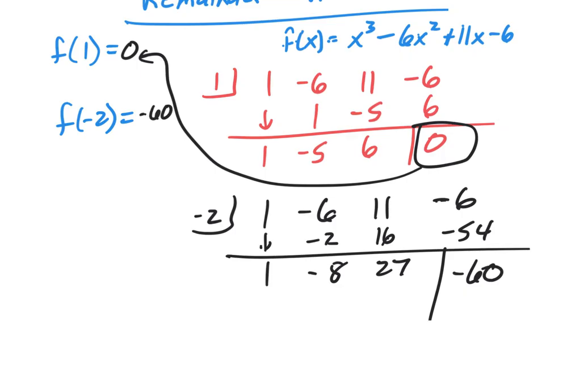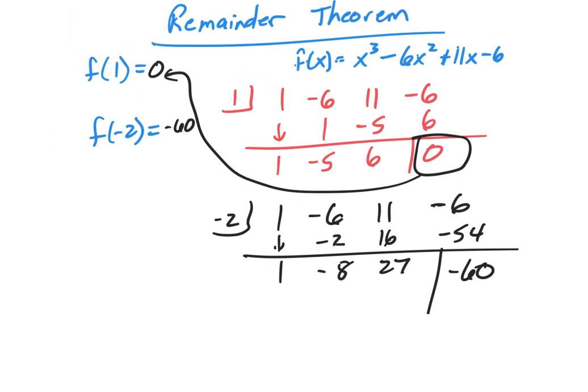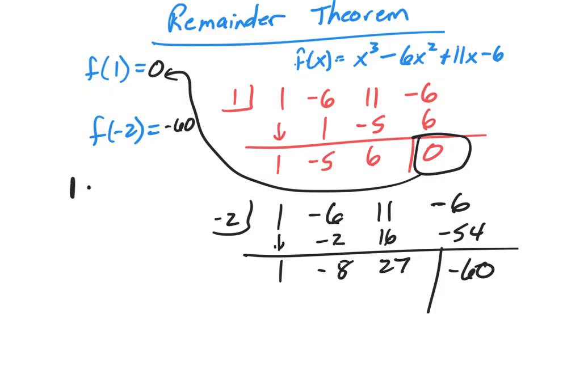When I plug in -2, I get -60. So what we would say here is that 1 is a 0. -60 is not a 0.